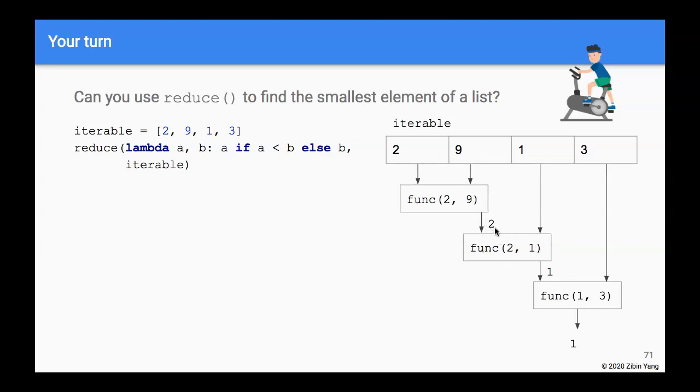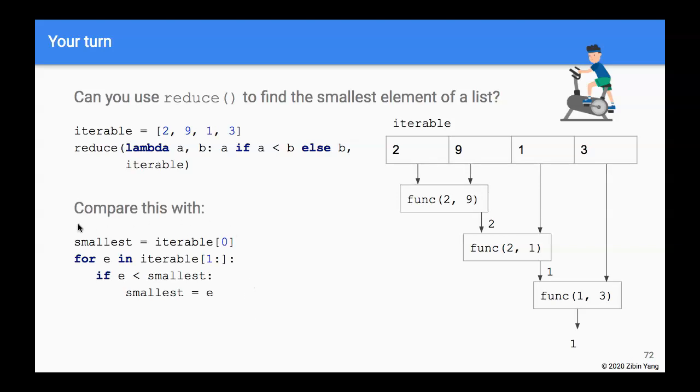So between 2 and 1, the smaller of the two is 1. And then again, 1 and the next element from the list, 3, get fed into the lambda function, and out comes the smaller of the two, which is 1. So we have a final result of 1, which is the smallest of the list.